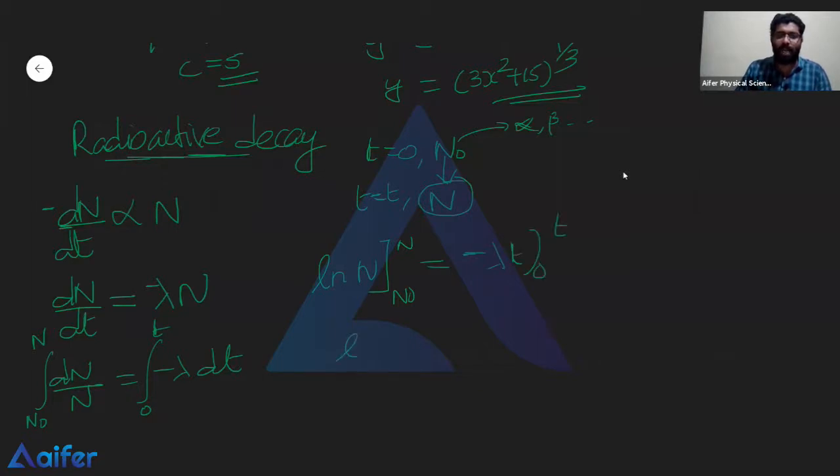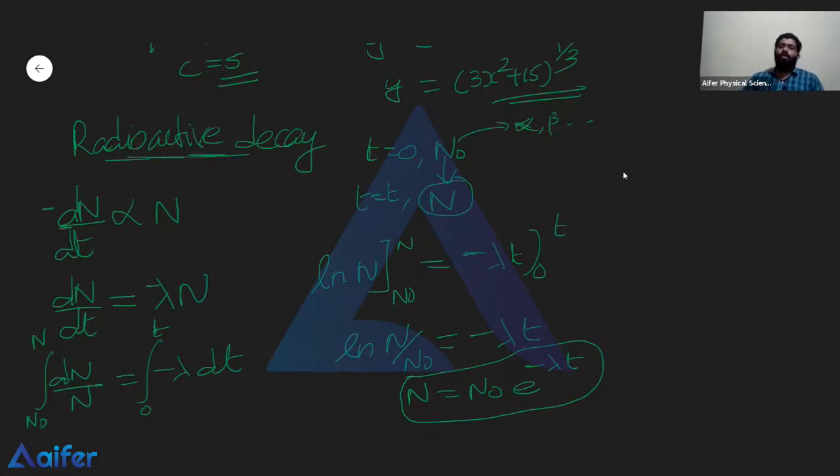So ln n by n0 equals minus lambda t, and if you take the exponential, n equals n0 e raised to minus lambda t. This is the radioactive disintegration law, and this result is obtained by using this first order variable separable differential equation.